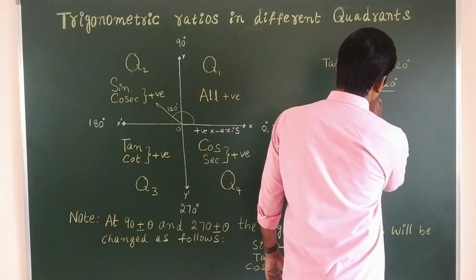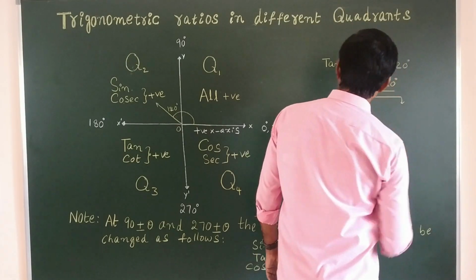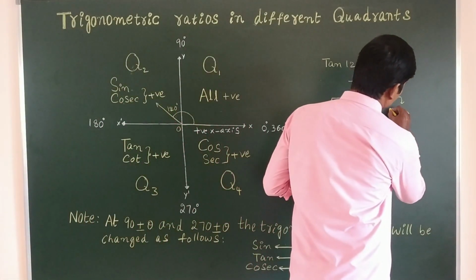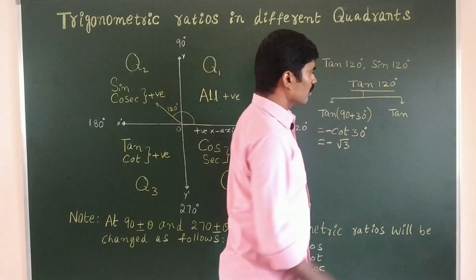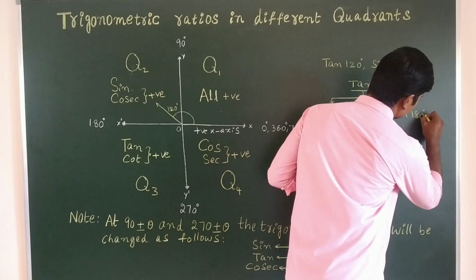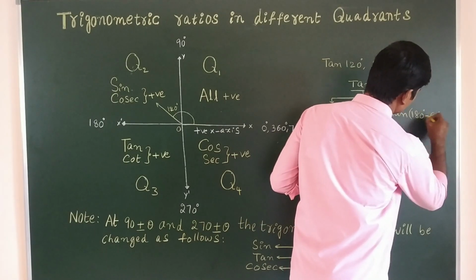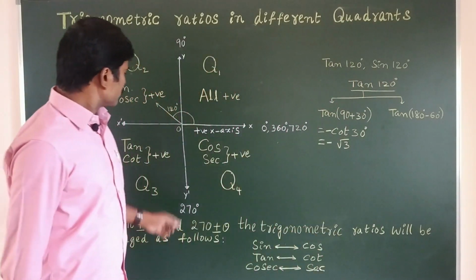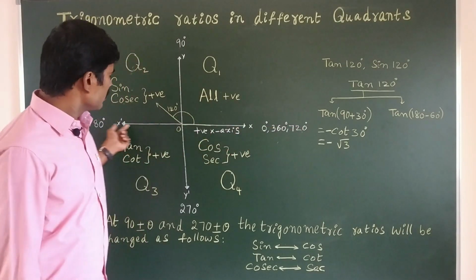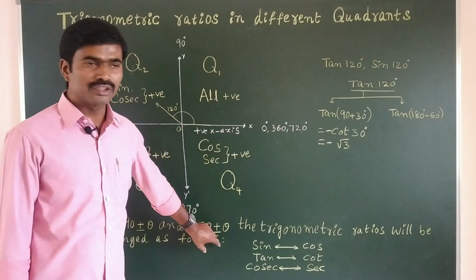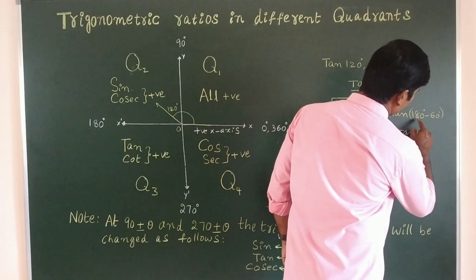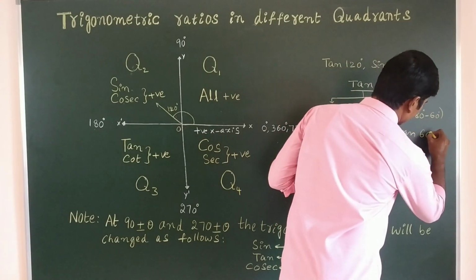And another way, in the same quadrant we can write the 180 minus. So tan 120 degrees we can write as tan of 180 minus 60 degrees. At horizontal angles, that means 180 degrees or 360 degrees or 720 degrees, the trigonometric ratios will never be changed. So tan as it is, you write tan, neglect 180 degrees and write 60 degrees.